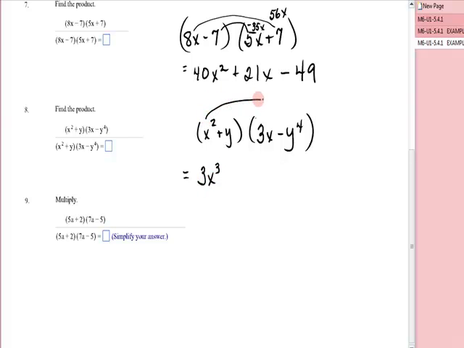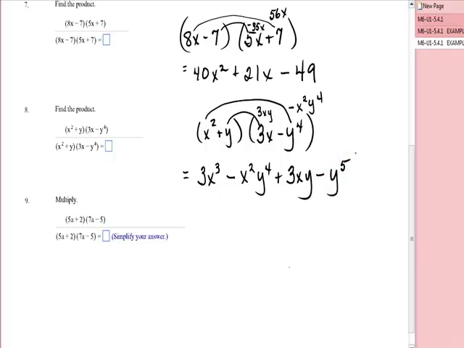The outer product is negative x squared y to the fourth. The inner product is positive 3xy, and we put the letters in alphabetical order. Those are not like terms, so I have to write down the outer and the inner. They did not combine. Usually they do, but not always. Then y times negative y to the fourth is negative y to the fifth, using that product rule.